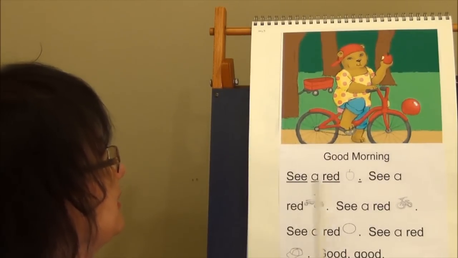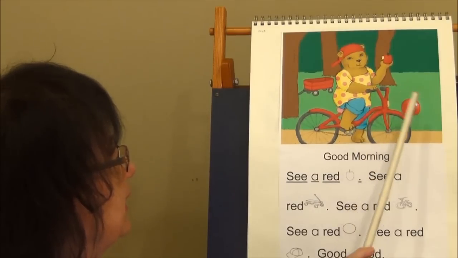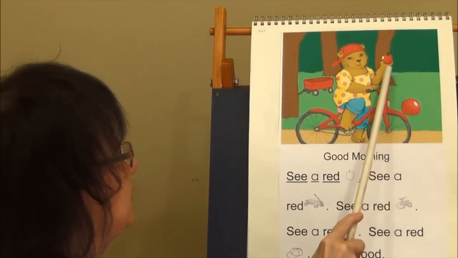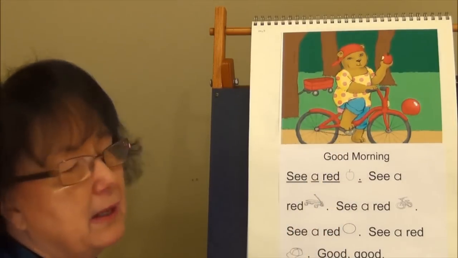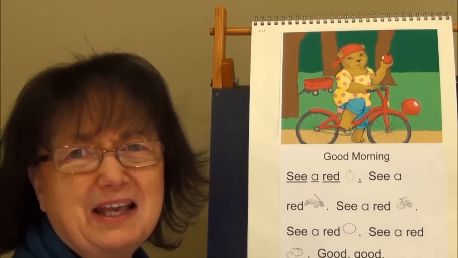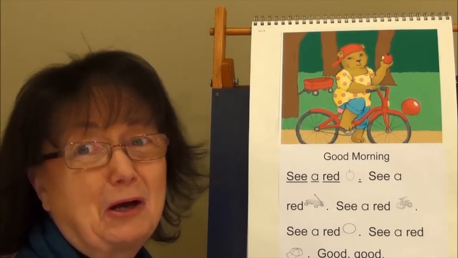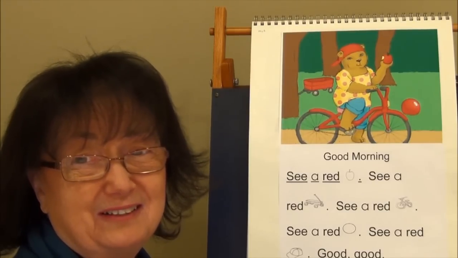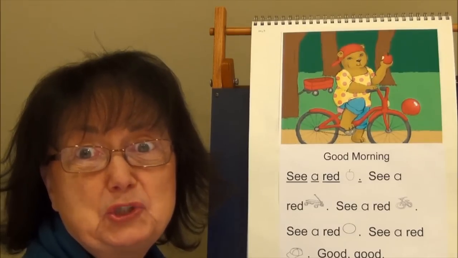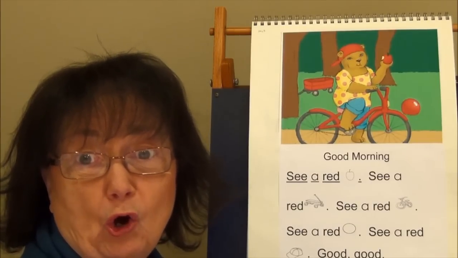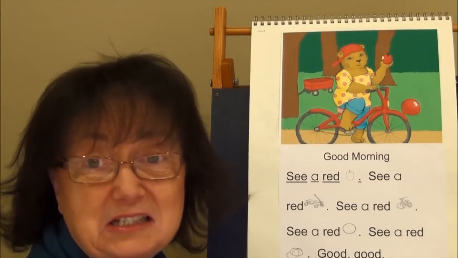Now, I notice when I look at the bicycle and I look at the ball and I look at the apple and I look at the hat and I look at the wagon, I notice there's something the same about all of them. Do you know what's the same about all of them? Did you say that they all are red?